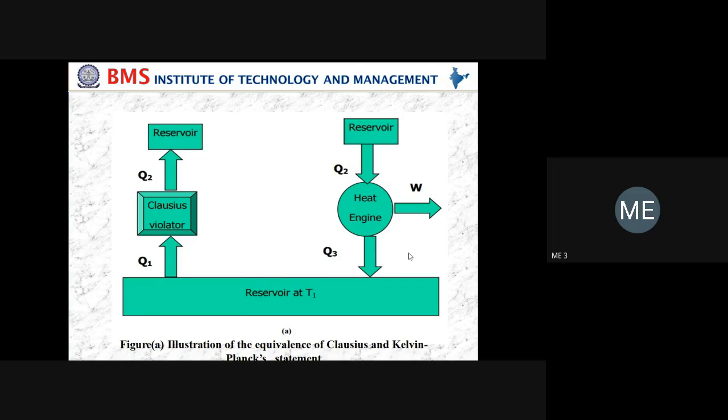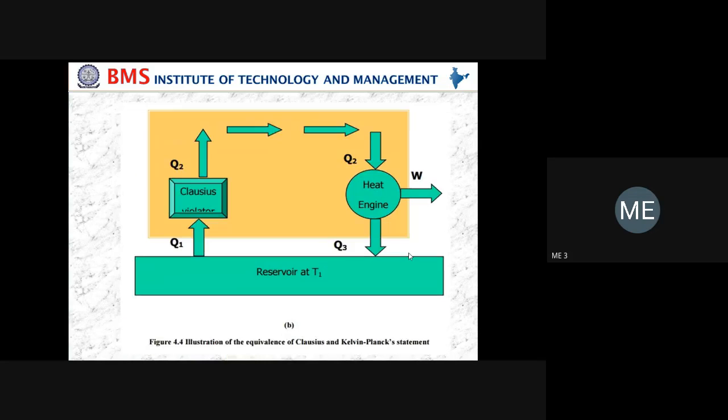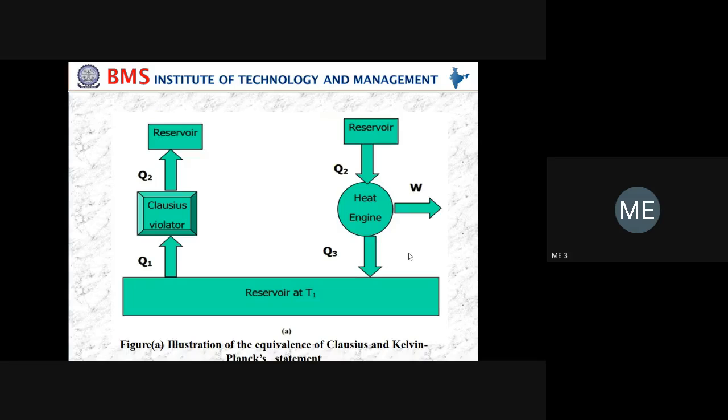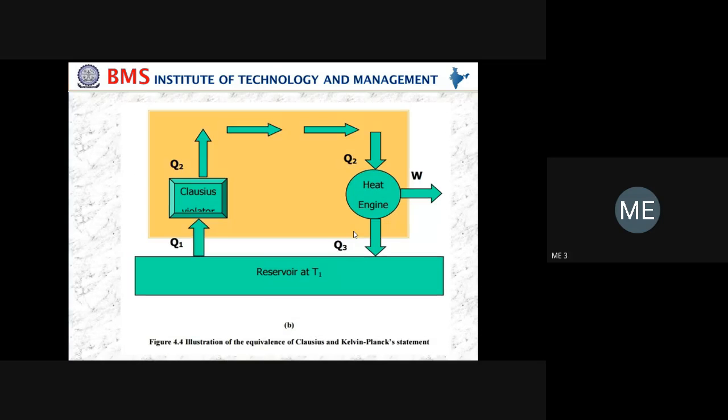Now what I am going to do is connect both of these. Whenever Q2 is supplied to the reservoir, it becomes one common reservoir, because here also Q2 and here also Q2. The same amount of heat I'm taking from this reservoir to the heat engine.